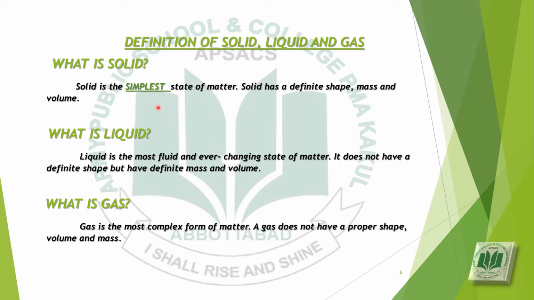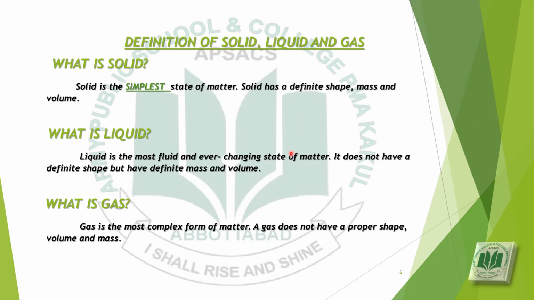Solid is the simplest state of matter. Solid has a definite shape, mass, and volume. Now, what is liquid? Liquid is the most fluid and ever changing state of matter. It does not have a definite shape but has definite mass and volume.